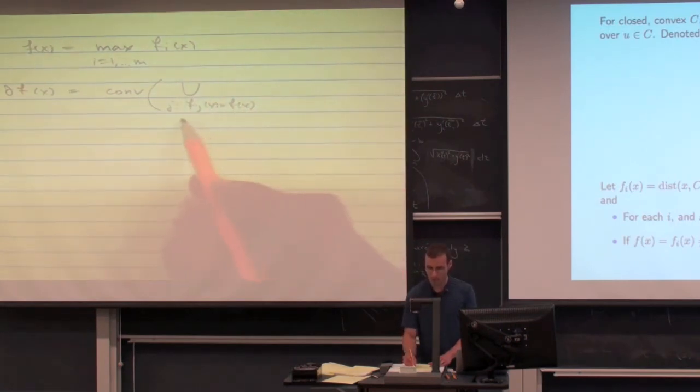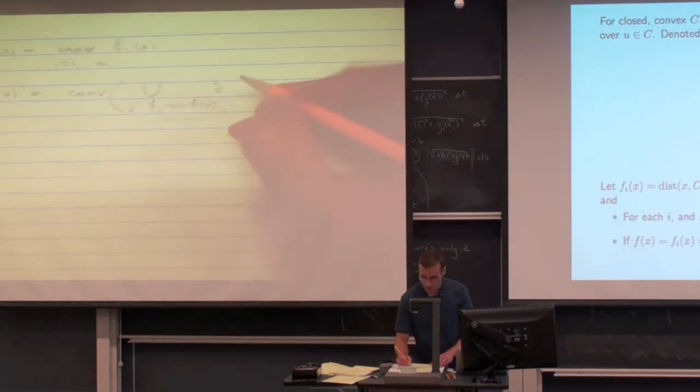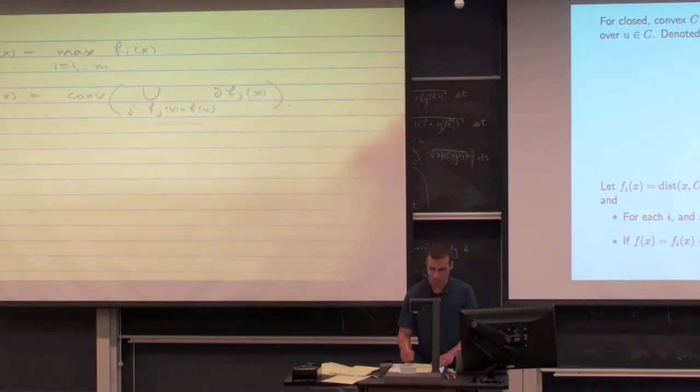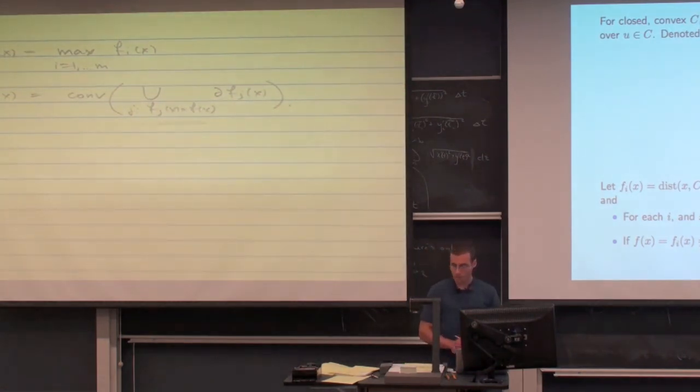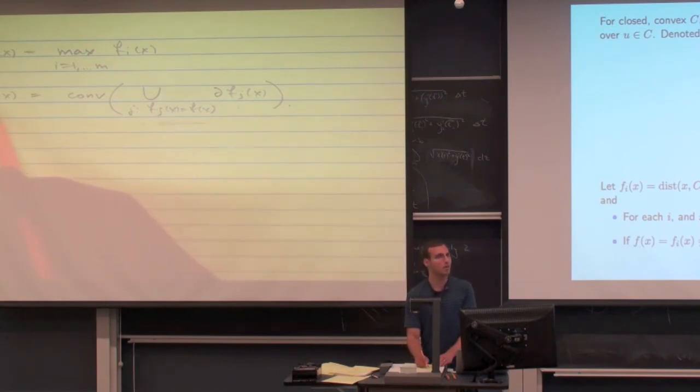So I take the functions that are active, that achieve the maximum, and I join their subdifferentials. Okay, so in particular, if fj is one of the functions that's maximum, I can just take a point in its subdifferential, and that is a subgradient of f. Okay, so that's all I'm doing in the second step.